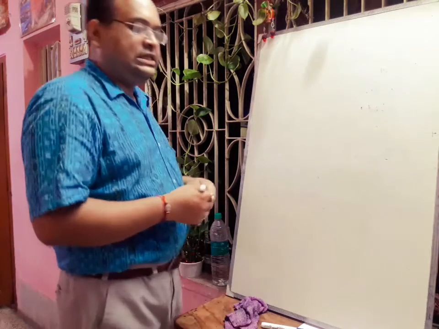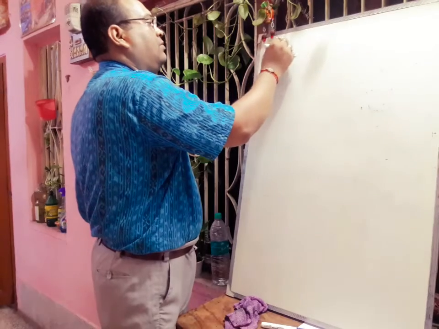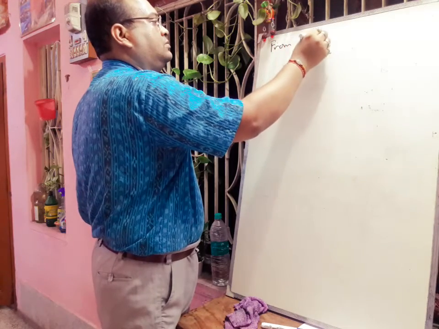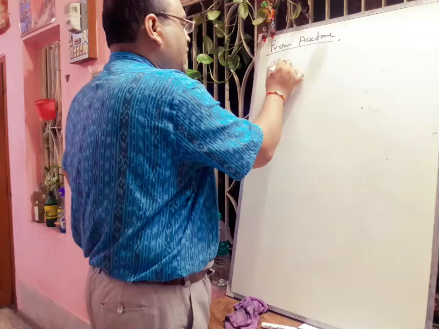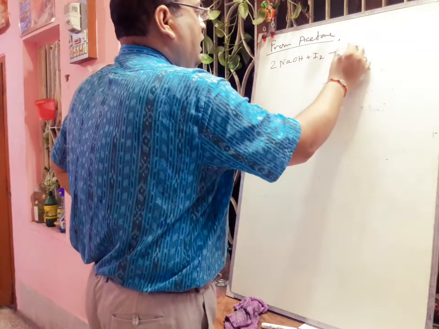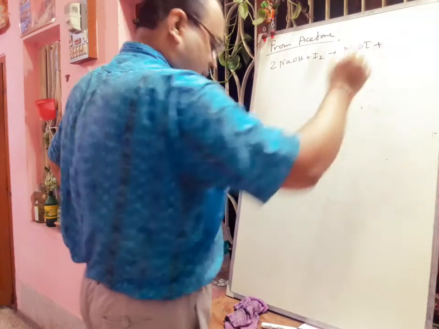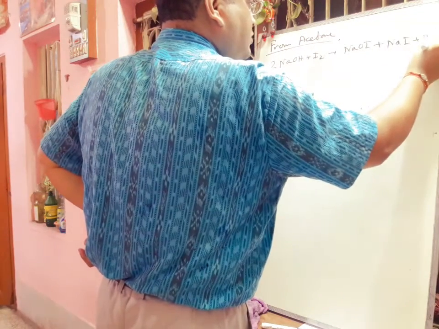Next we will discuss the preparation of iodoform from acetone. In the first step, NaOH will react with iodine, forming NaOI plus NaI plus H2.